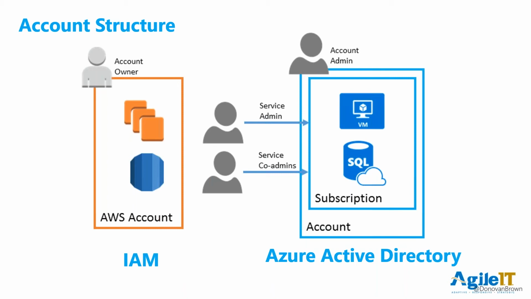It's very granular. You can control access to whatever services are offered by Azure through AAD, Azure Active Directory, as well as there's a notion of subscriptions, through which you can compartmentalize your resources.